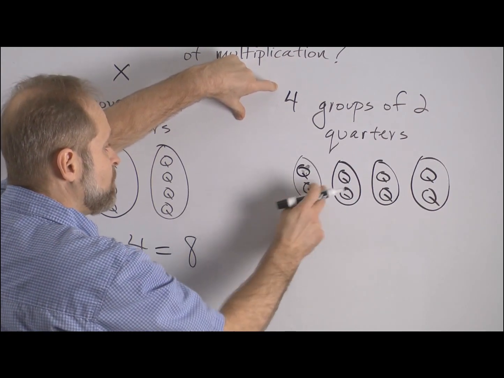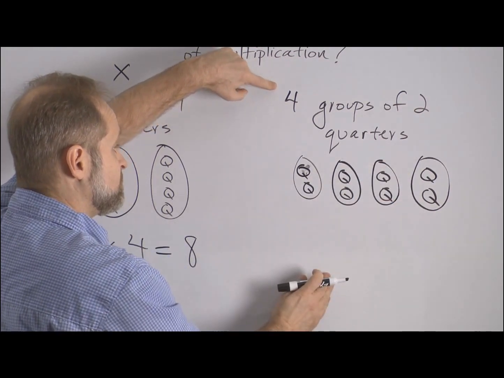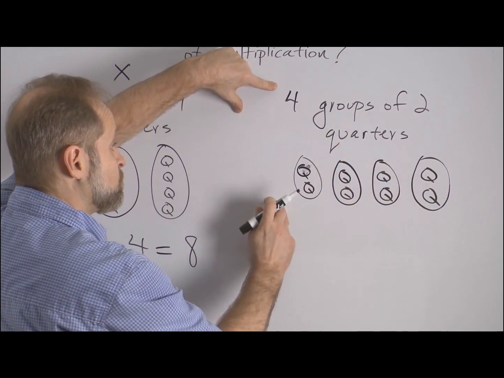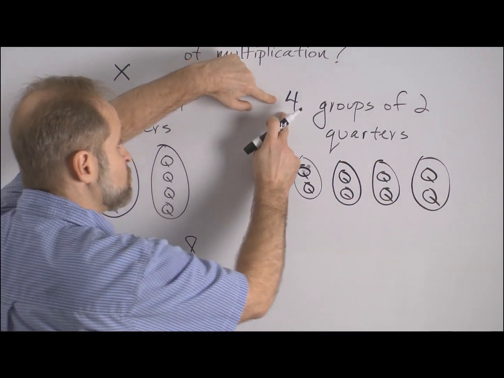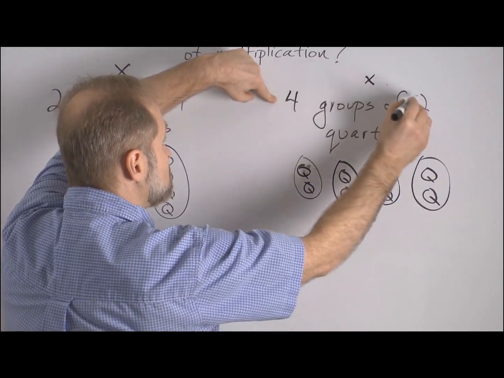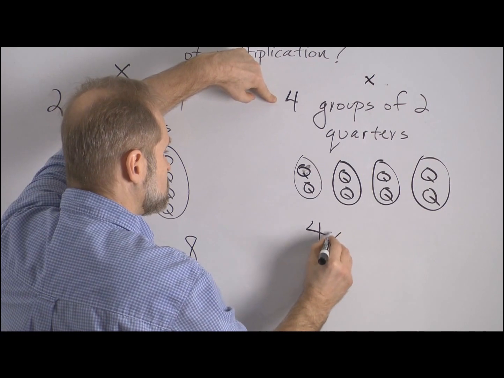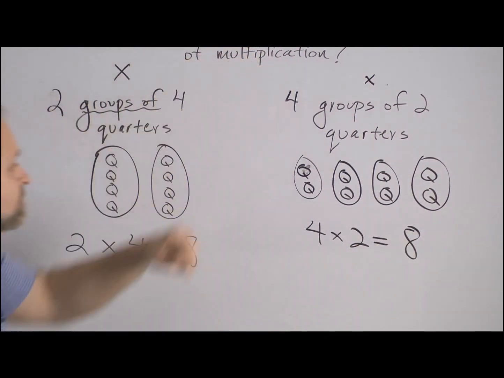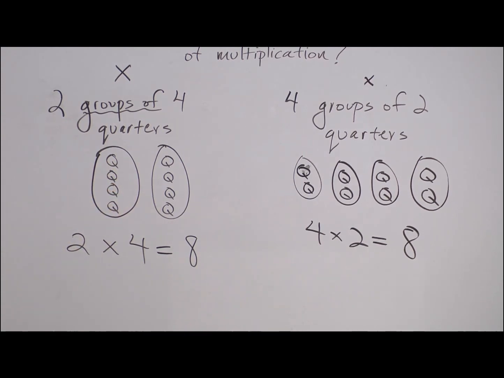If we add them up all together right here, I think it's very clear that when we sum these, we're going to end up getting a total of 8. So 4 groups of right over here means times. 4 times 2 equals 8.